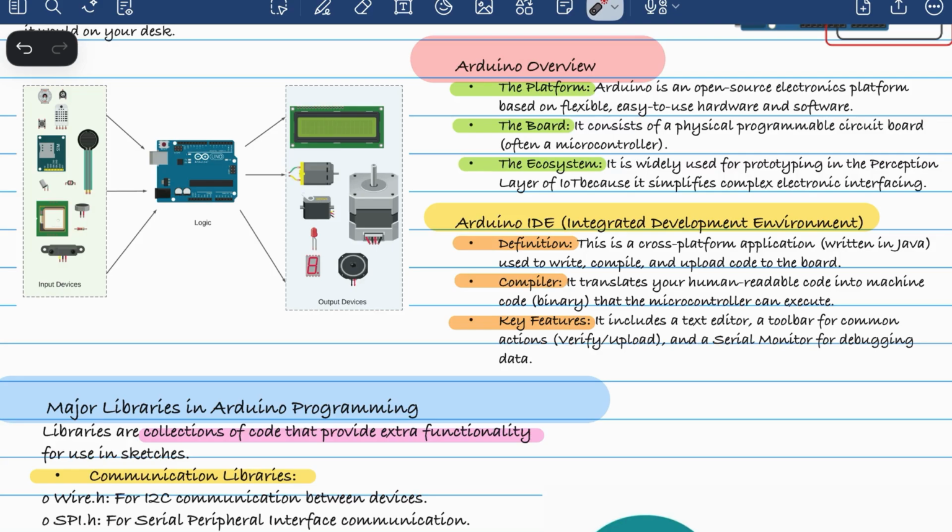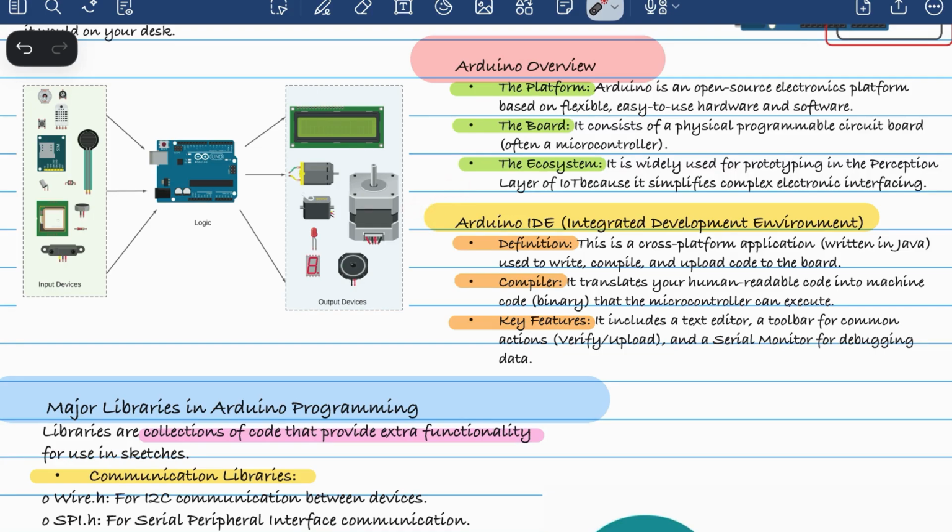In the context of the IoT perception layer, its primary job is to simplify complex electronic interfacing. Instead of writing low-level assembly code to change raw register bits in a microprocessor, Arduino gives us a clean interface to map out our sensors and actuators completely.